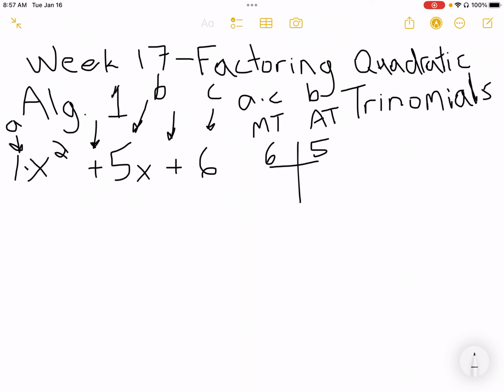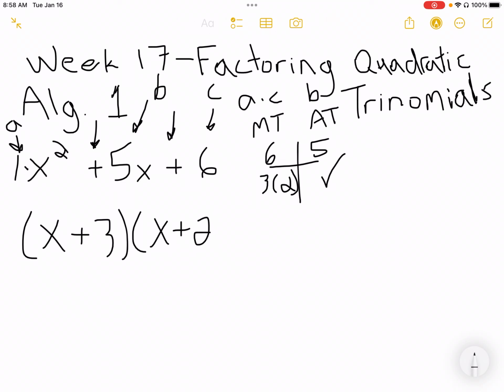And then we just picked our numbers and said, what multiplies to 6 but also adds to 5? Well, that's just 3 and 2. And then we wrote that as x plus 3 times x plus 2. Because if we multiply it back out, we'll get the exact same thing.